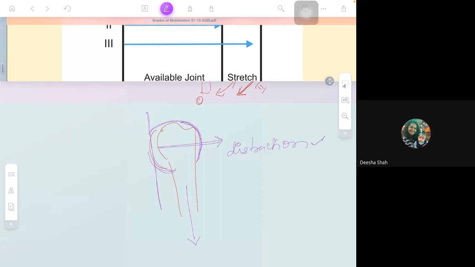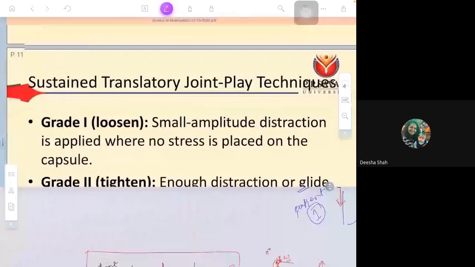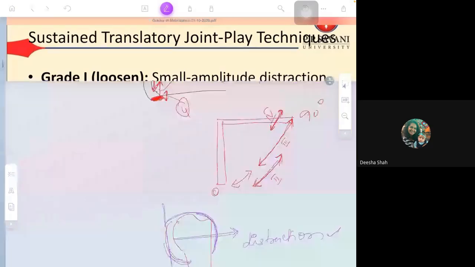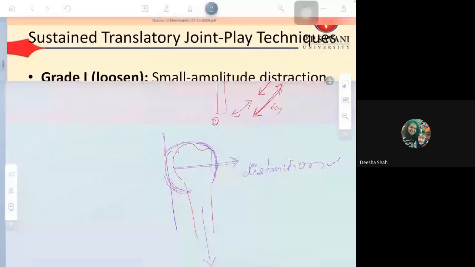So what is grade 1? Now we will see the definition. Grade 1: small amplitude distraction is applied where no stress is placed on the capsule. So what you are doing, you are separating or distracting the joint. How will you distract?